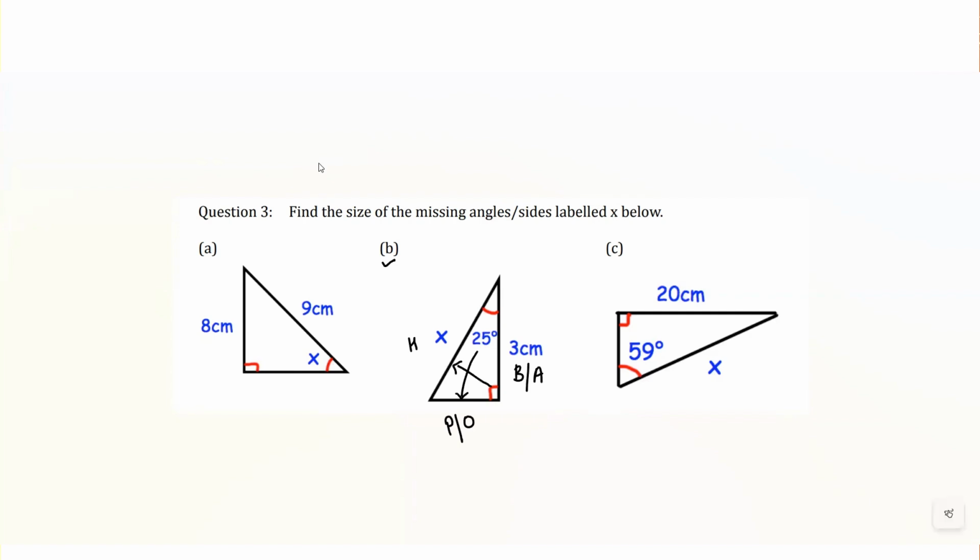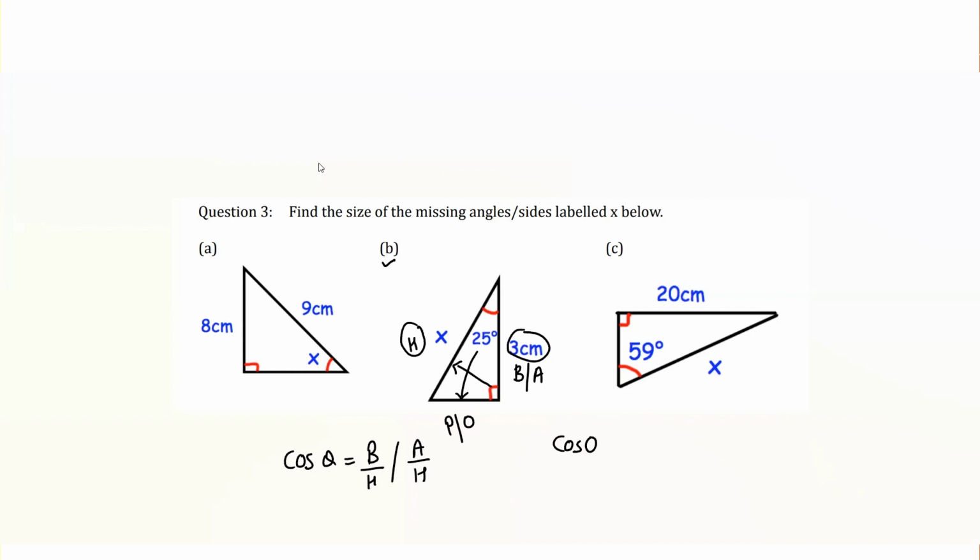So we need to find the hypotenuse, and the base or adjacent is given. We have to see which trigonometric ratio has H and B, or H and A. We know that cos theta is equal to B over H, or A over H. So we'll use cos theta here.